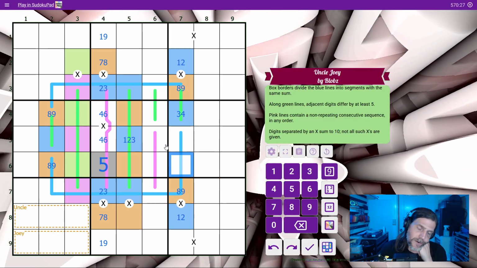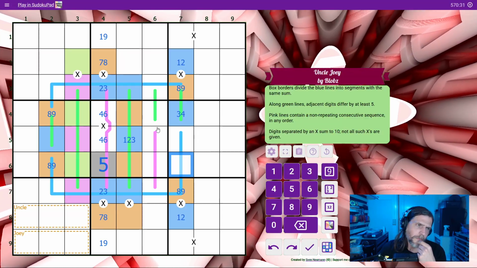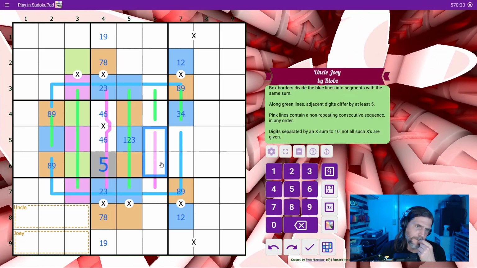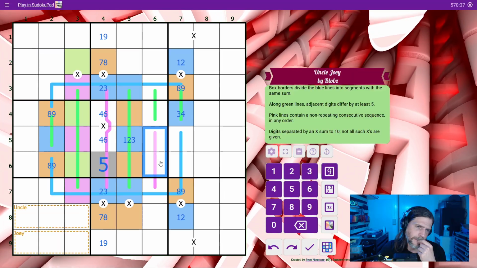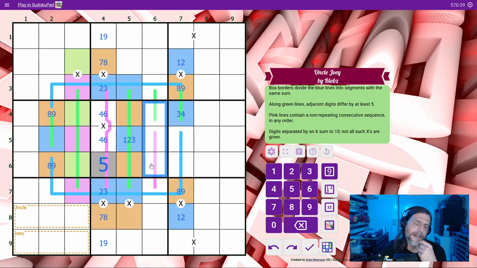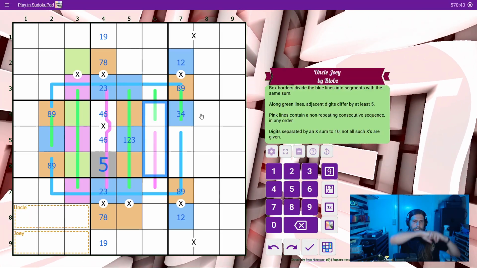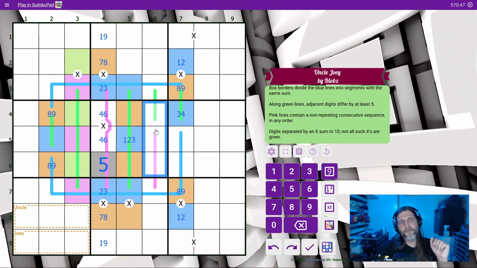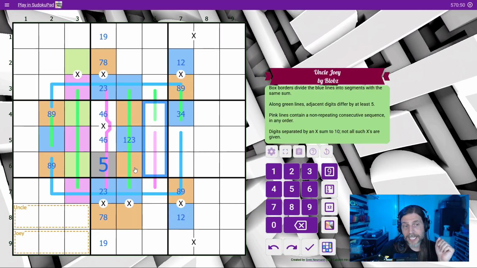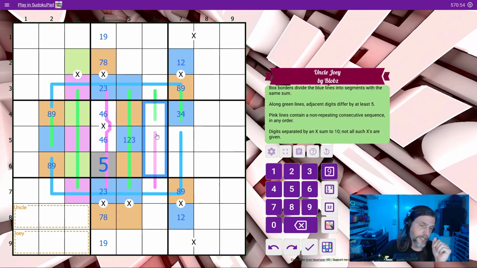Okay, now, what does that mean for this rim band? Over here we have to put one more high digit and 2 more low digits.